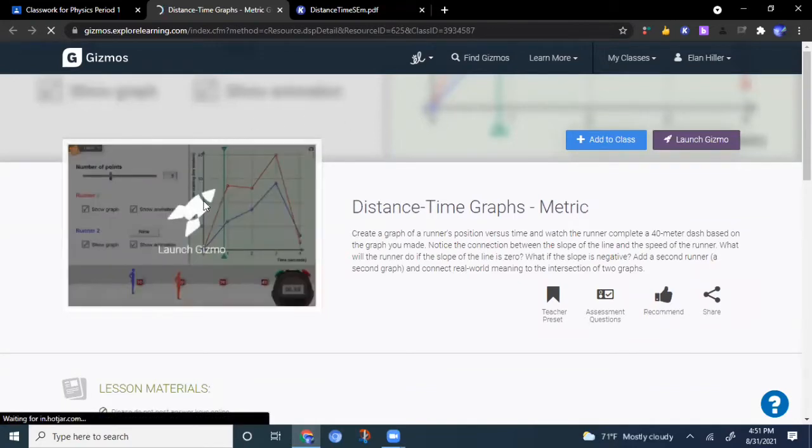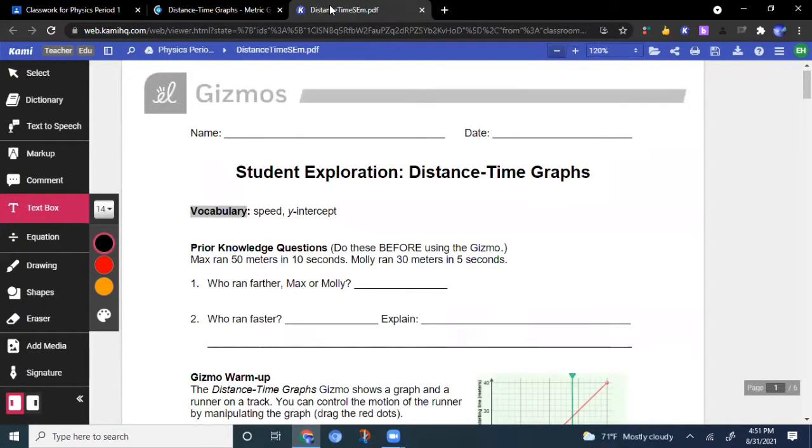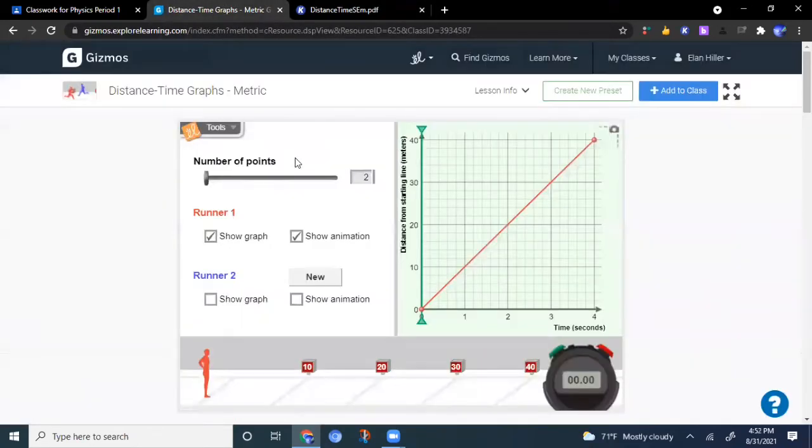We're going to be launching the Gizmo here, and we'll be going back and forth between the Gizmo operation on this tab, and the Gizmo questions on this tab. Occasionally, we're going to have to take a screenshot here and there. And when we do, we're going to be opening up a separate page to put those screenshots.